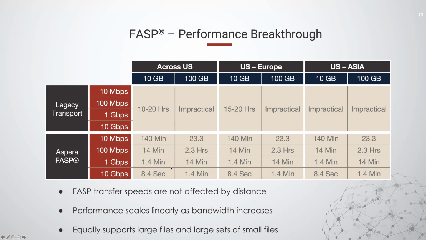And as you can see, it is very linear as you start increasing the amount of data or varying the amount of bandwidth. It is a pretty direct relationship between those two factors and what the transfer times are going to look like. So it really does give you a practical and predictable way of moving your data around.